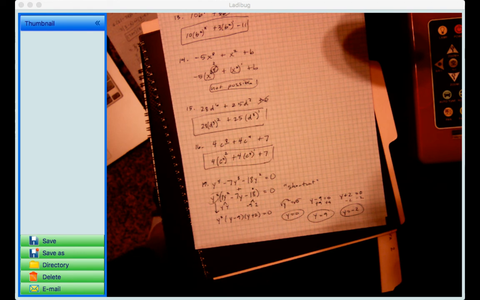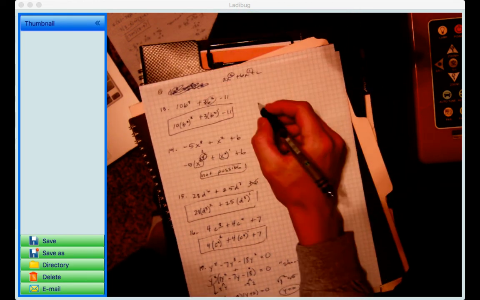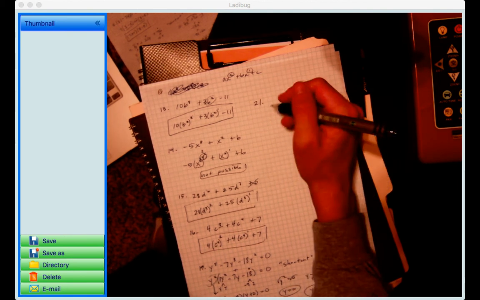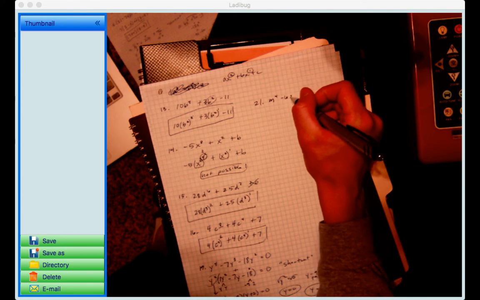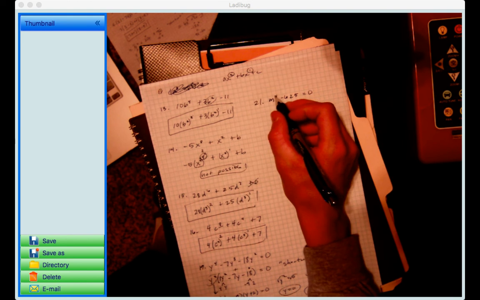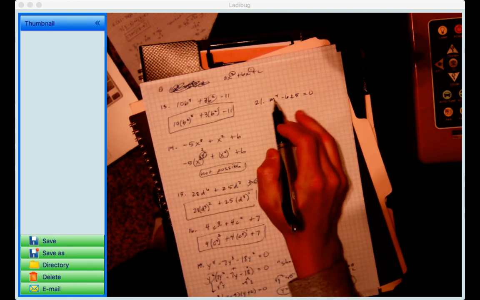20 is similar. 21. So there's only 2 terms. I did not see any on the homework. What's the difference of cubes? So like if that was a power of 3 and that was a cube root, but this is even.